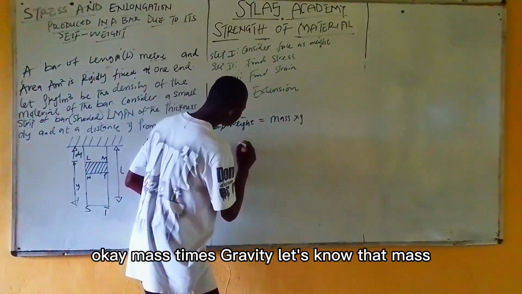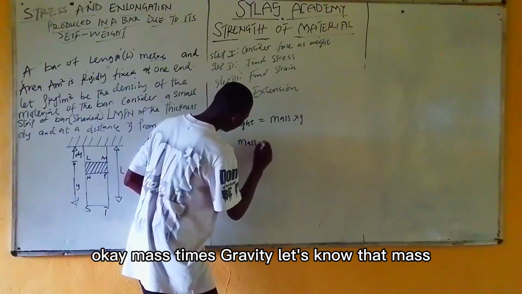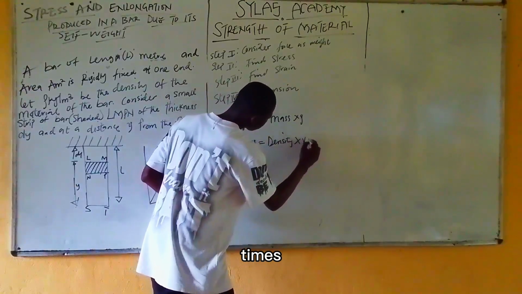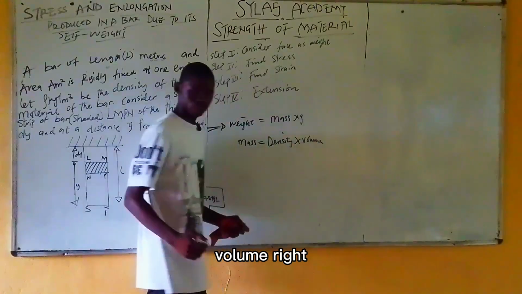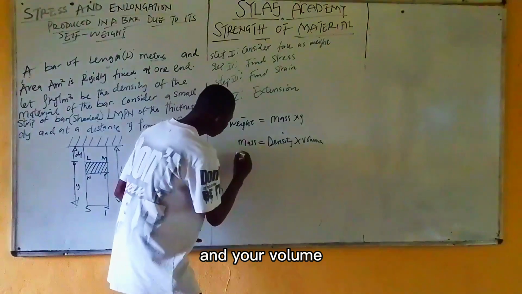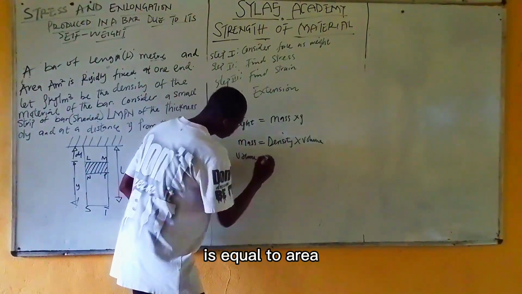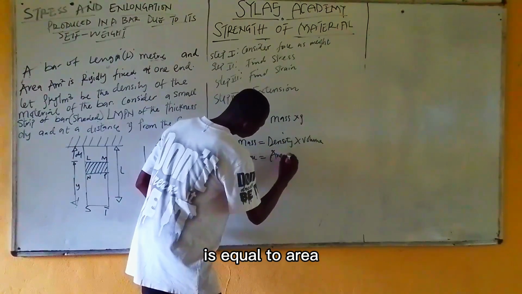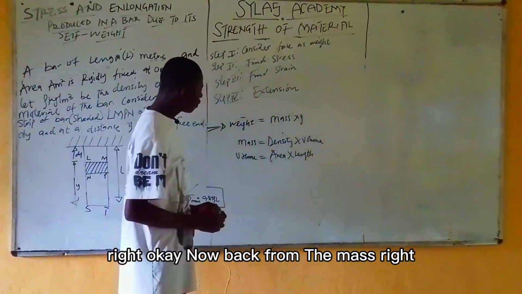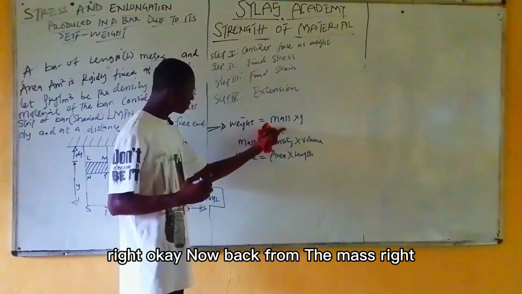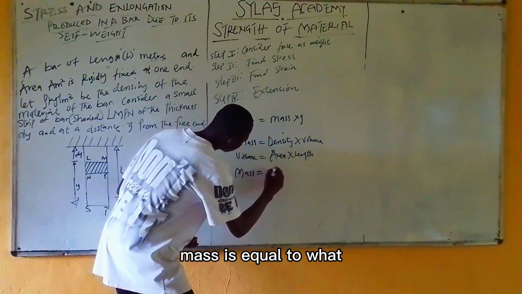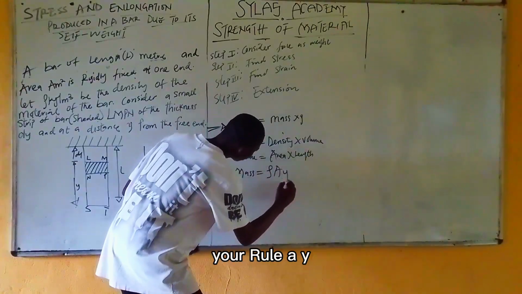But we know that mass is given as density times volume, and volume is equal to area times length. So mass is equal to rho A y, times gravity.